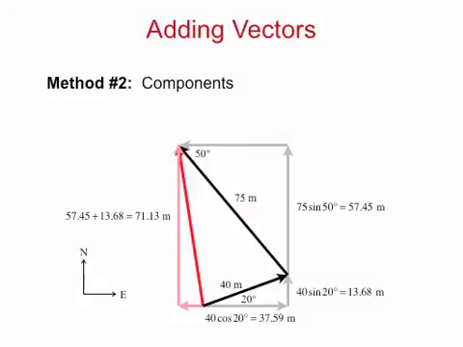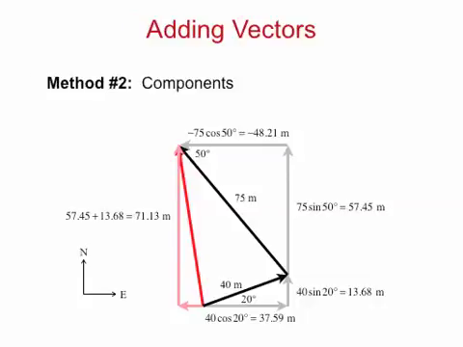For the 75-meter vector, the horizontal component points west, which is the negative direction. So this component must be negative. Since it's the side adjacent to the 50-degree angle, its length is 75 cosine 50, and so the component is negative 75 cosine 50, or negative 48.21 meters.